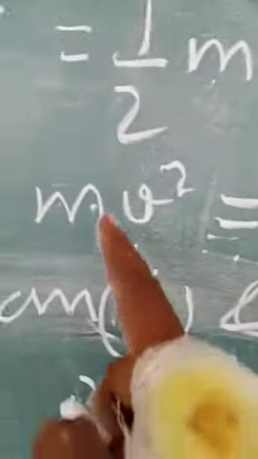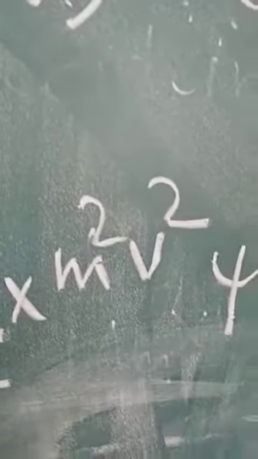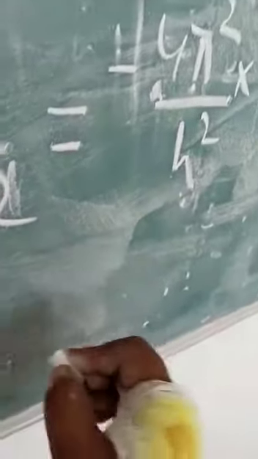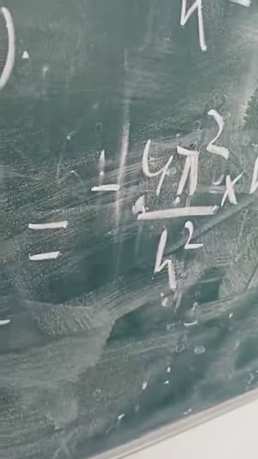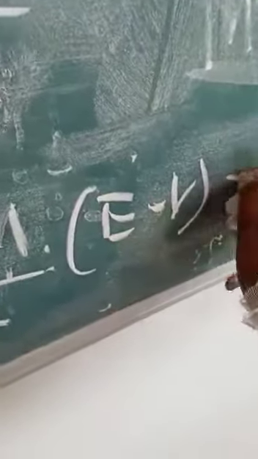We put the value of mv square from here, 2 into E minus V. Then finally you take this value from the left hand side: d square psi dx square plus 8 pi square m upon h square into E minus V psi equal to 0.